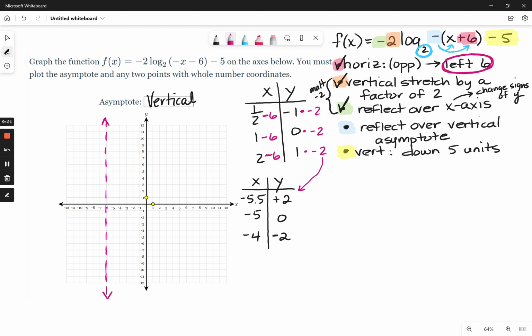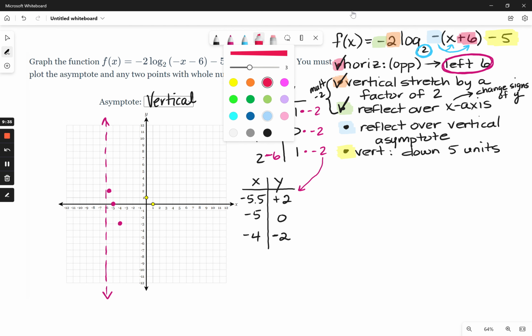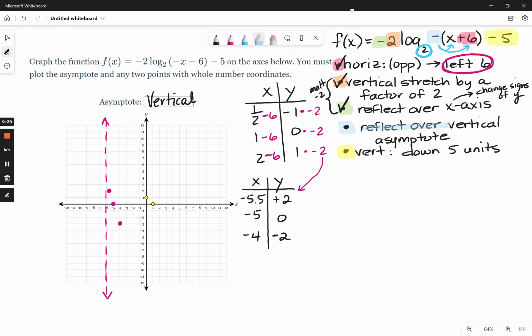And let's plot the points. Negative 5.5 comma 2, and negative 5, 0, and negative 4, negative 2. Now, the step that we're looking at right now is the blue step, and the blue step is telling us to reflect over the vertical asymptote. So we are going to jump these points over to the left.